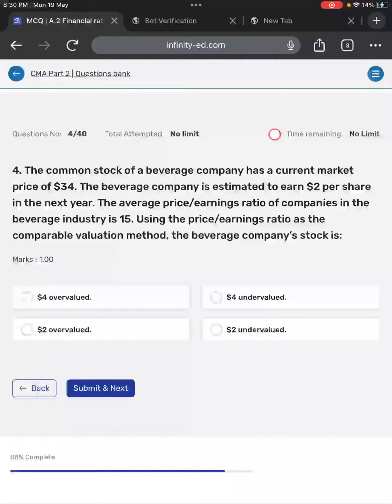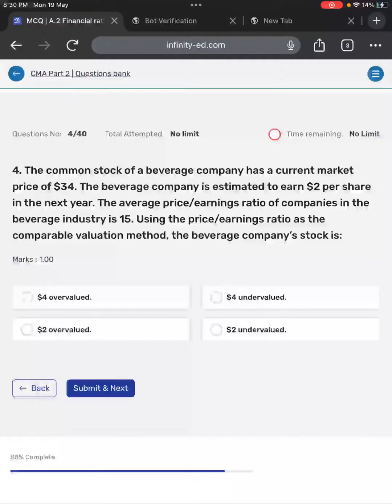Using the price earning ratio as the comparable valuation method, we have to calculate the beverage company's stock price.